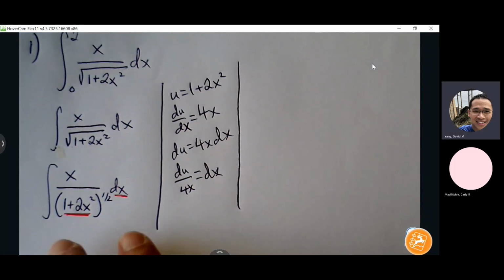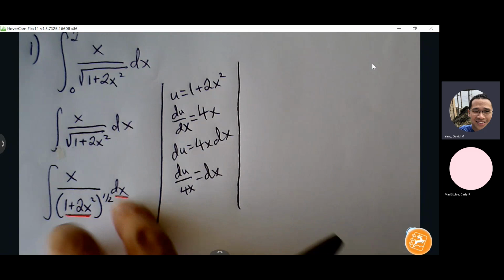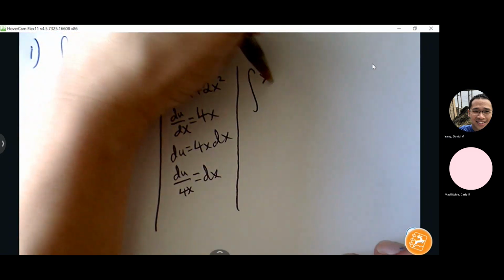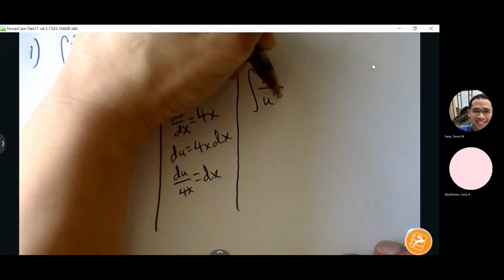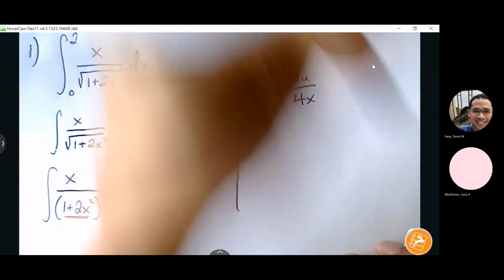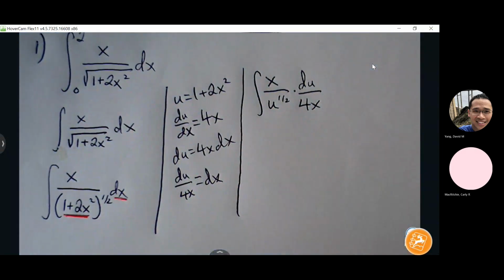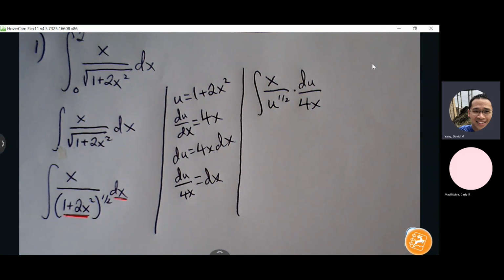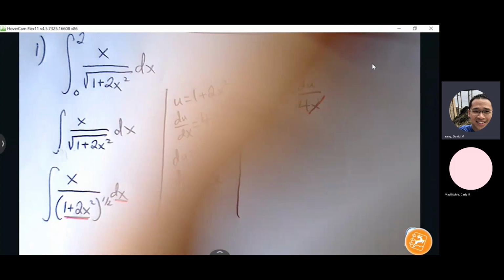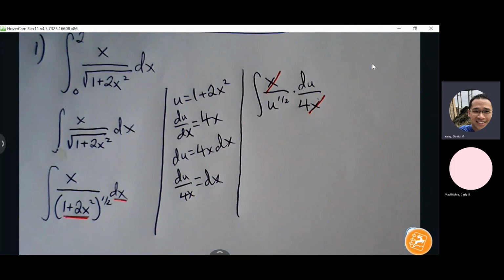I'm just going to substitute what I've underlined, but everything else I'm just going to recopy over. The important thing that we have to resolve is, are the x's going to go away nicely? Yes. Yes, that's a good sign. That means we can move forward, get it ready for power rule.